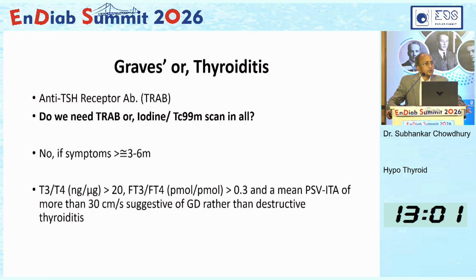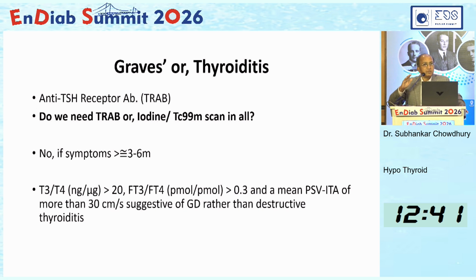However, this is also a costly test and not available in all the labs. So the question really arises that for most of the physicians, do we always need to rely on a scan, isotopic scan, or a thyroid antibody test to distinguish between the two?